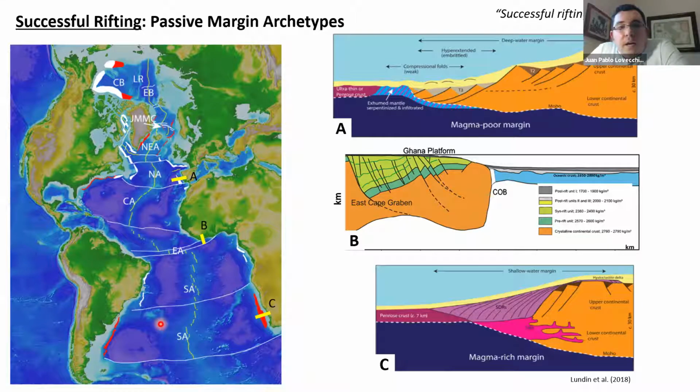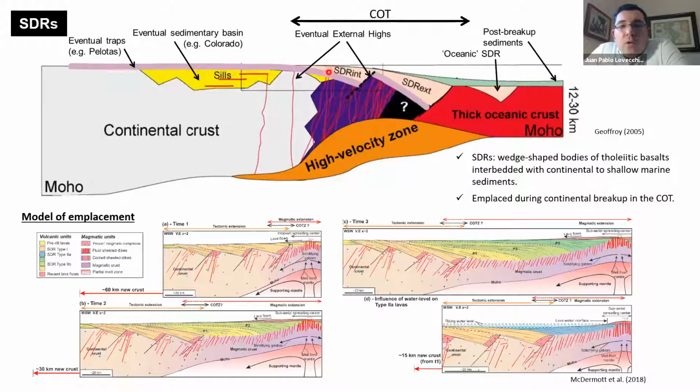These SDRs are developed on the continent-ocean transition zone. This is the COT, continent-ocean transition. If we see this model of emplacement by McDermott, we can differentiate between the inner SDRs that are fault bounded.